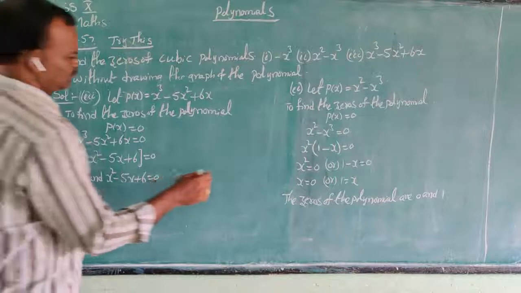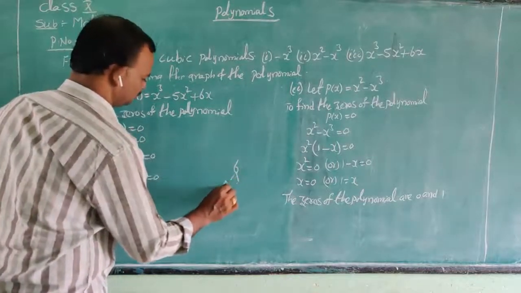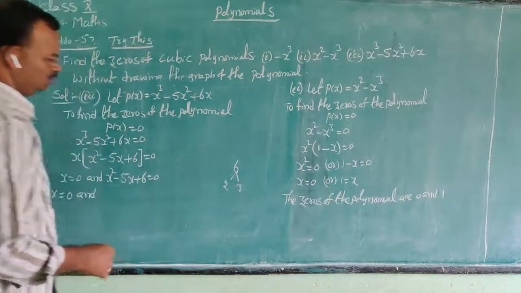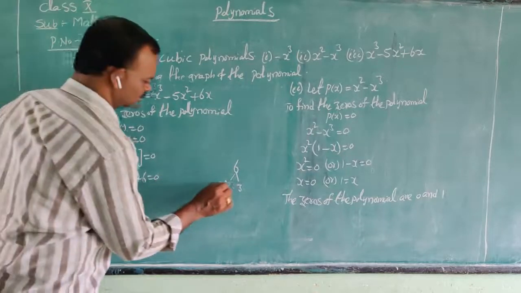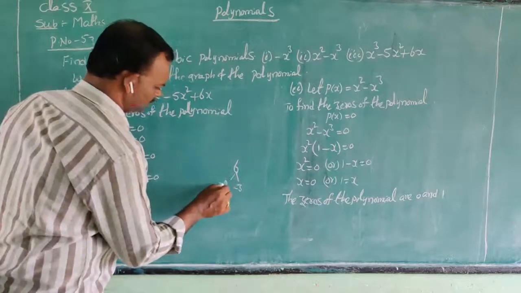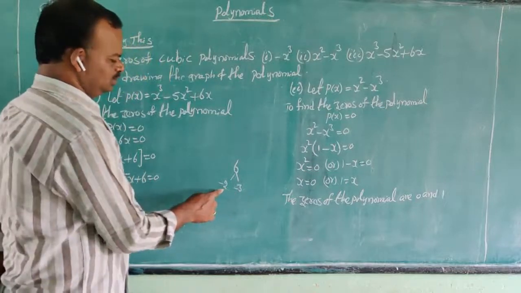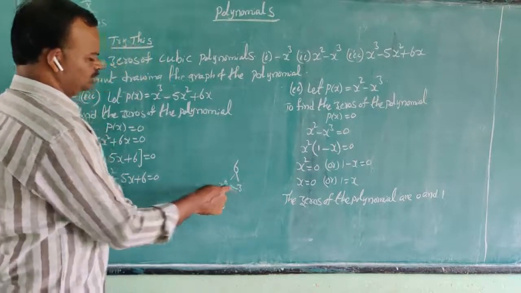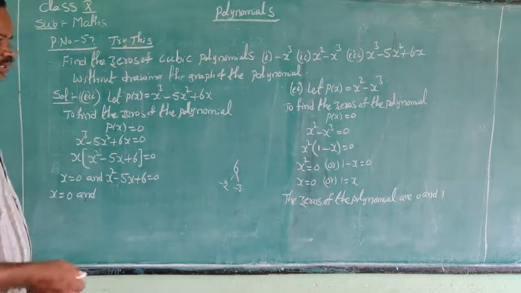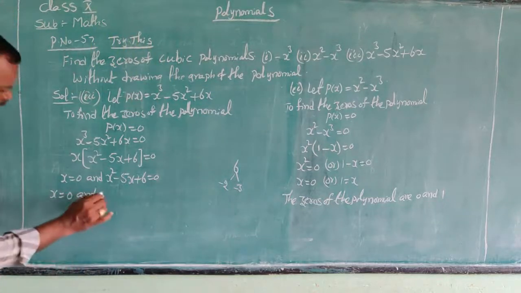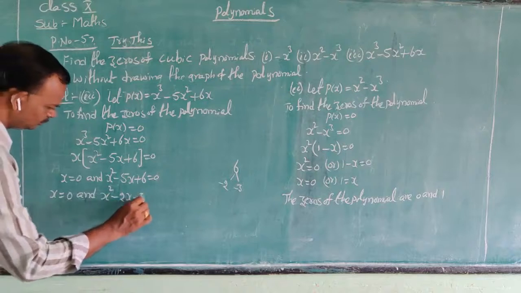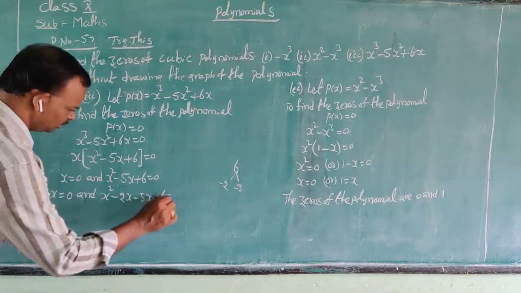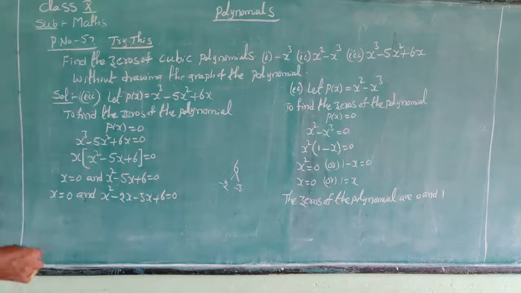The factors are 2 and 3, since 2 times 3 is 6 and 2 plus 3 is 5. Here minus 5 is there, so minus 2 and minus 3. Adding these two values, we get minus 5. So x square minus 2x minus 3x plus 6 equal to 0.